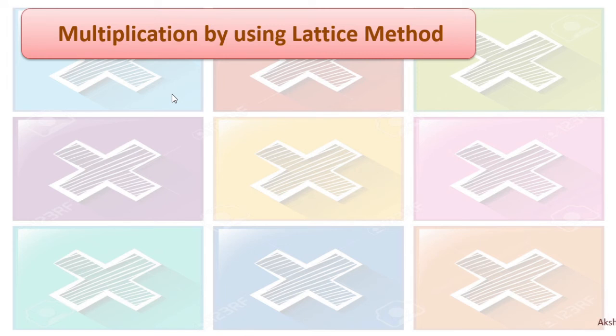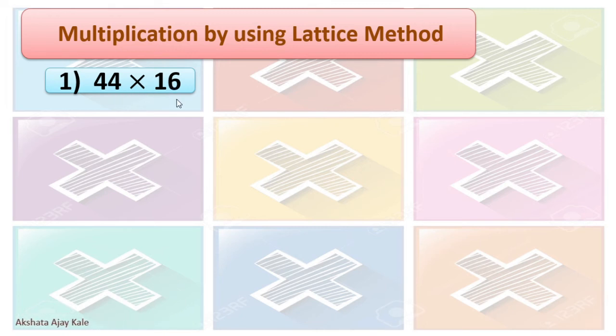Right? Now, same thing we will go through, but we will take here 2 digit by 2 digit. See here, 2 digit, that is 44, multiplied by 2 digit, that is 16. Dear children, here you have to remember that we are going to split both the numbers.